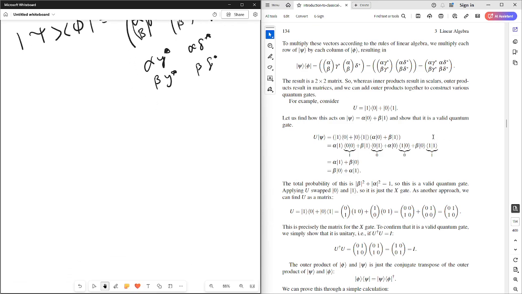So let's say that we have some gate operator U that is the outer product of state 1 and state 0 plus the outer product of state 0 and state 1. How does this affect this arbitrary state psi?